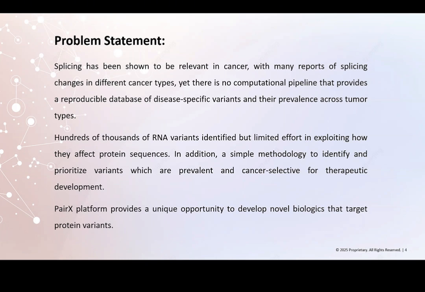However, one of the bottlenecks for utilizing splicing for therapeutic development is that there is no computational pipeline that allows you to identify the protein sequences that come from these splicing changes. So at PEGS Bio we have developed a platform that allows you to look for these so-called cancer selective sequences and use them for therapeutic development.